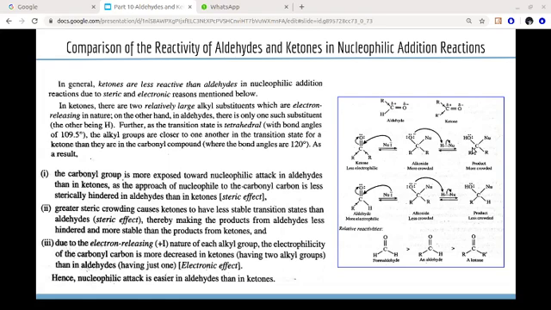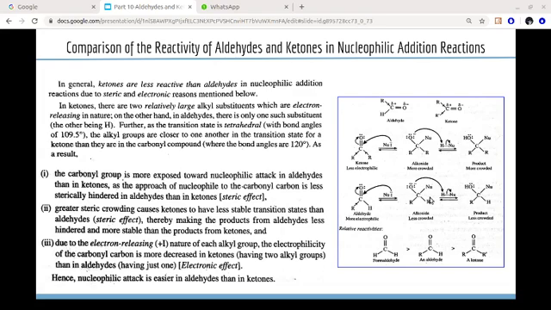Unstable in the sense of the crowding effect. But in the case of an aldehyde we have only one alkyl group, and due to the addition of the nucleophile to this electrophilic carbon, we will get a less crowded transition state.